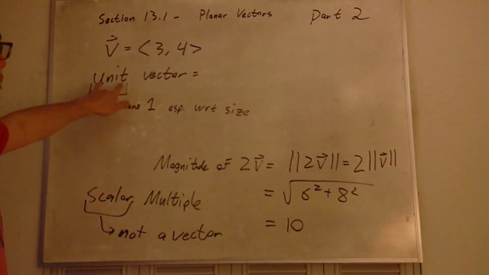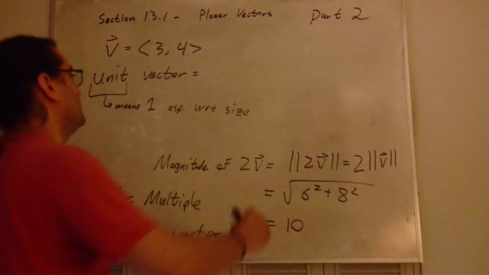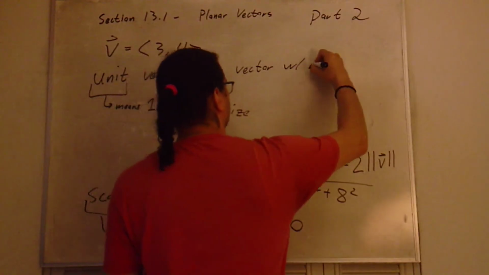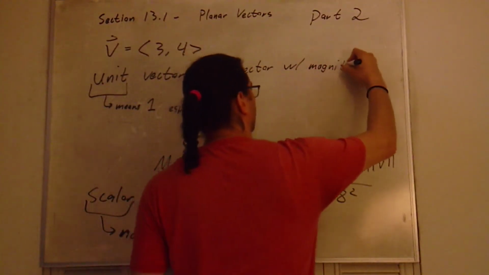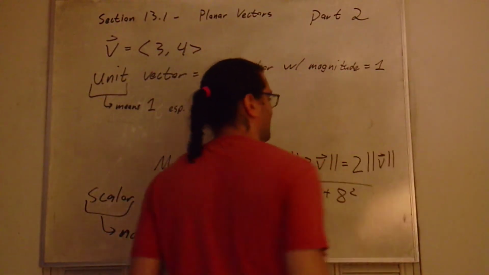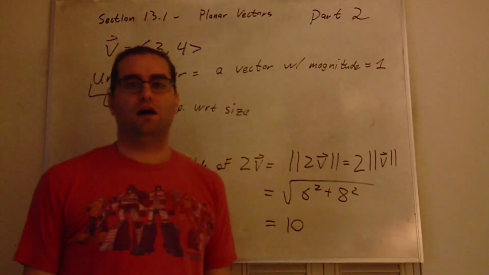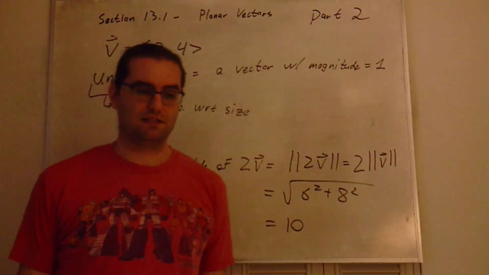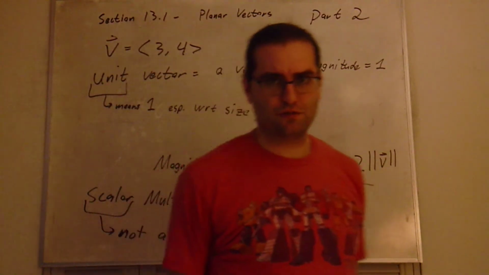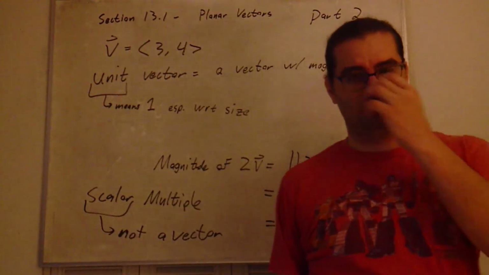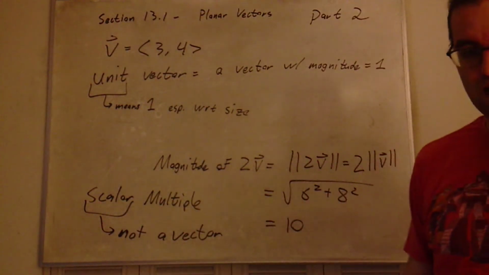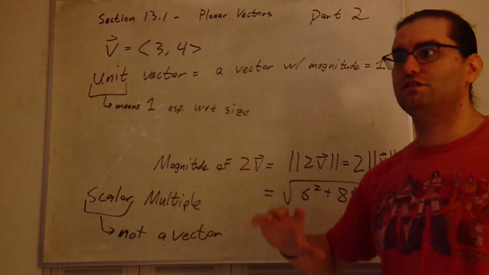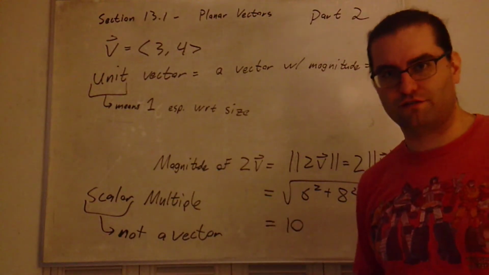So, accordingly, a unit vector is a vector with magnitude equal to 1. Which turns out is pretty easy to get. As we move forward into more vector math and then eventually vector calculus, it's going to become pretty important for us lots of times to be able to get unit vectors for things.